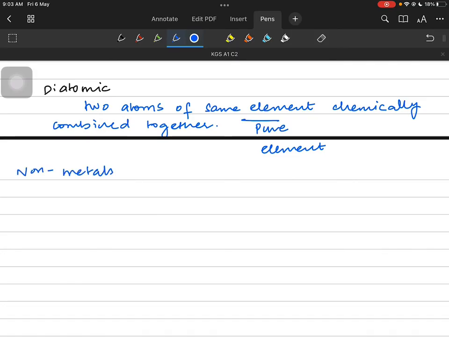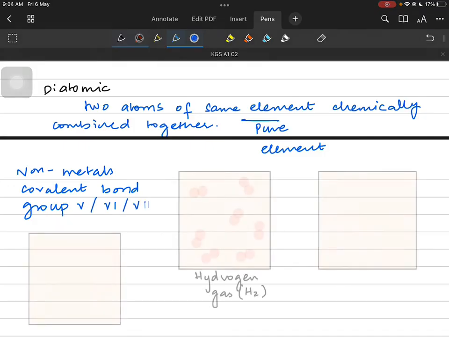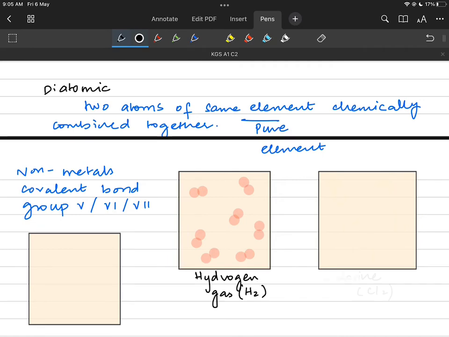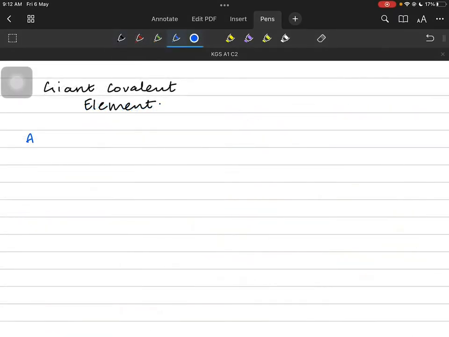It generally exists between non-metal atoms which do covalent bonding. For example, when we talk about group 5, group 6, let me correct it. Yeah, so we're talking about group 5, which have 5 electrons in the outer shell, group 6, group 7. Like hydrogen from group 1 makes one bond between two atoms, chlorine from group 7, oxygen from group 6. They exist as diatomic molecules.